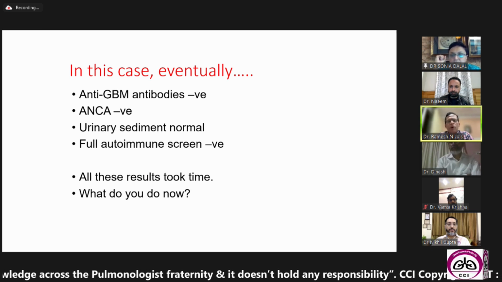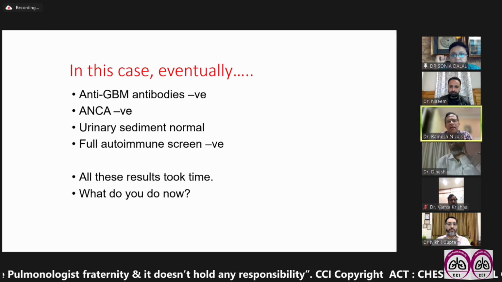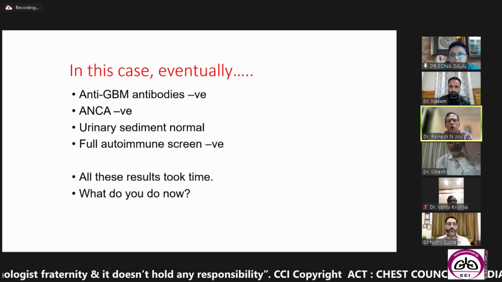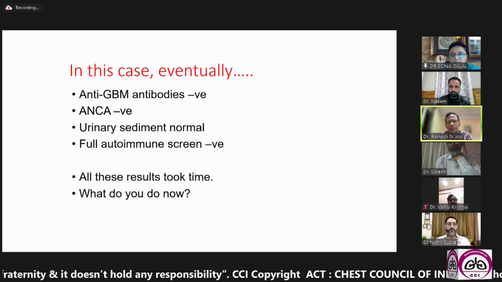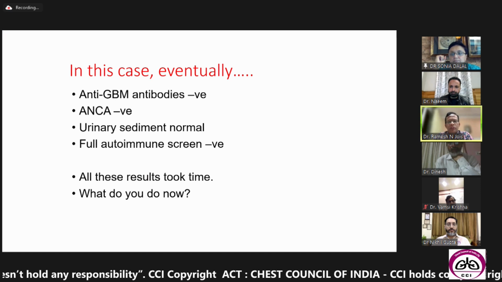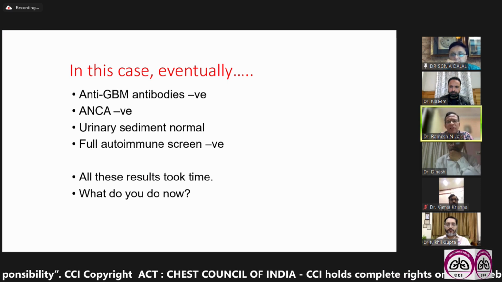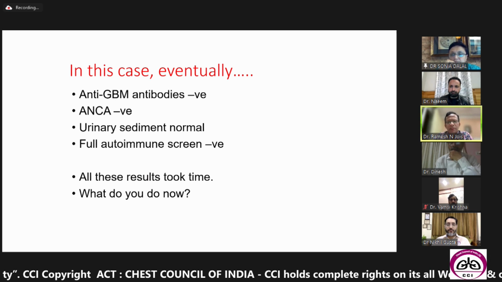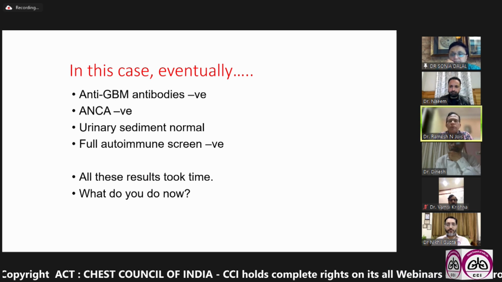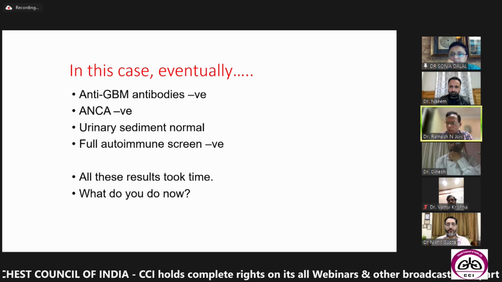So if you've done a proper ANA immunofluorescence and a proper methodology of ANCA and GBM, then the autoantibodies are negative. But as you rightly said, this could still be any one of the diseases which are antibody negative. Less likely to be lupus because it's extremely rare to find an ANA negative lupus. So more likely, I would put my money on an ANCA-associated vasculitis where the antibodies are negative for now.